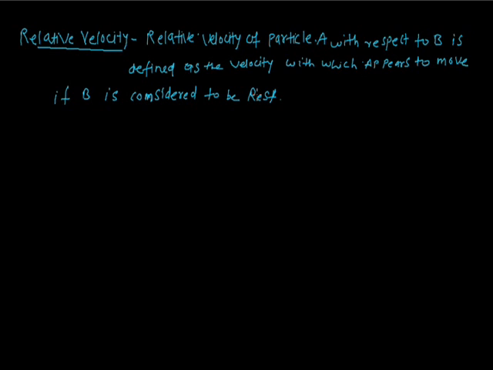That means the velocity of particle A with respect to B is the velocity of particle A when we consider B is at rest. So, relative velocity in one dimension.